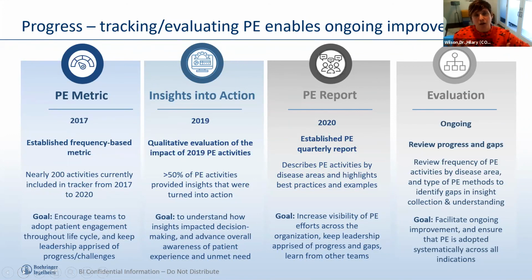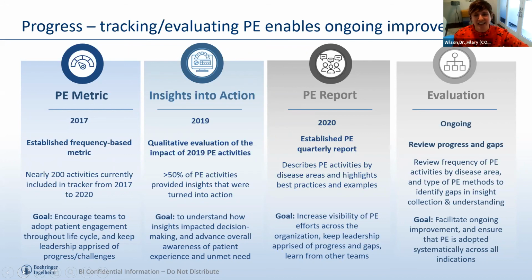So this enables our leadership to also ensure that it's happening consistently across all disease areas, and have a better understanding: are the activities designed more to inform research, development, or post-approval. We use the data in this tracker for an annual evaluation, so we can identify our progress and our gaps and help us strategize for the subsequent year.